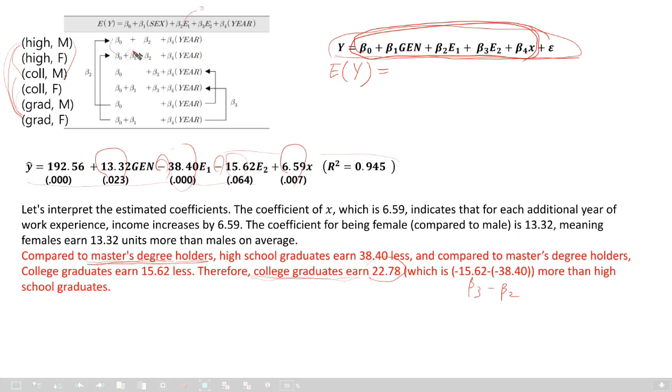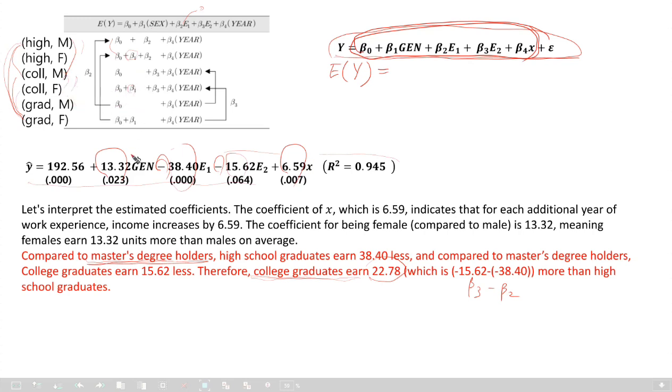Female has beta 1 more than male for high school graduates. College is the same: female has beta 1 more than male.